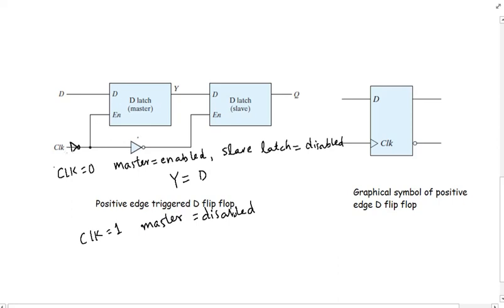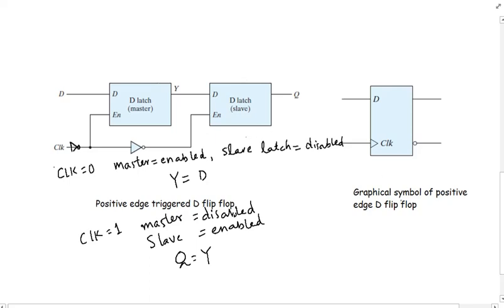So this latch will be disabled while the slave latch will be enabled. So in that case, the output Q will be equal to Y. So we can say that when signal changes from 0 to 1, which is called a positive edge, data is transferred to output Q. So in this case, it is called a positive edge triggered D flip-flop.